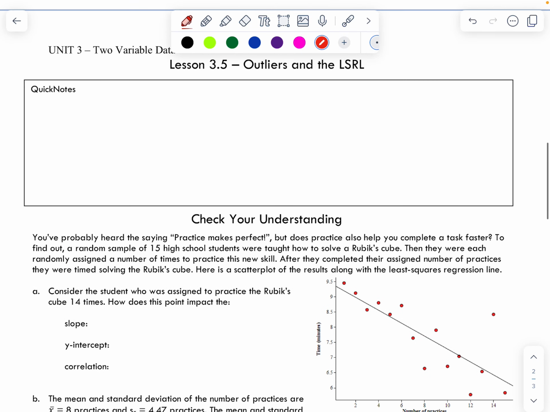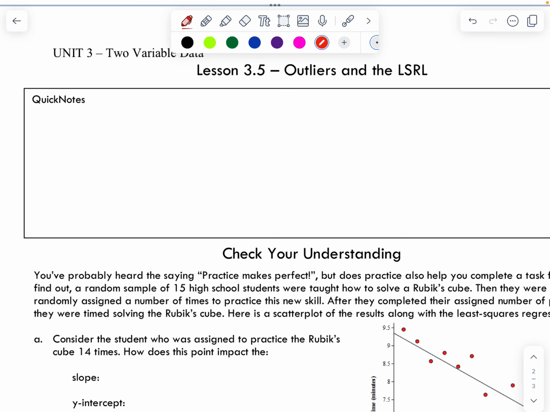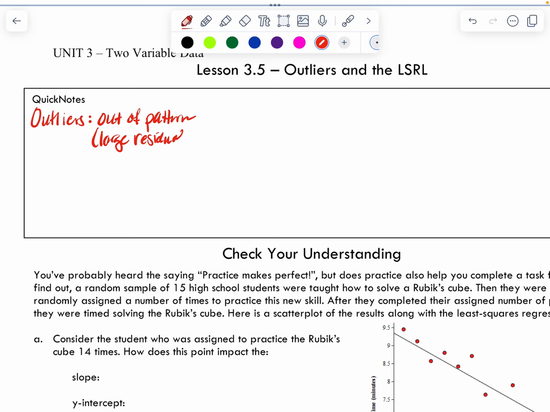All right, so let's do some quick summary notes here. Outliers are any point that's out of the pattern. Usually has a large residual. A high leverage point has a very large or very small X value.